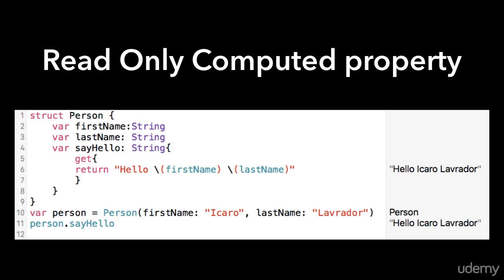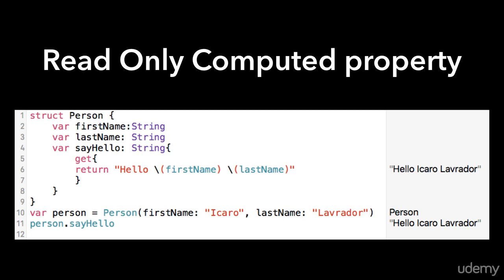And then I have a sayHello, that's a computed property. What it does is it returns hello, and then the first name, and then the last name. So it's very simple, a very good example to learn, and this is a read-only computed property.